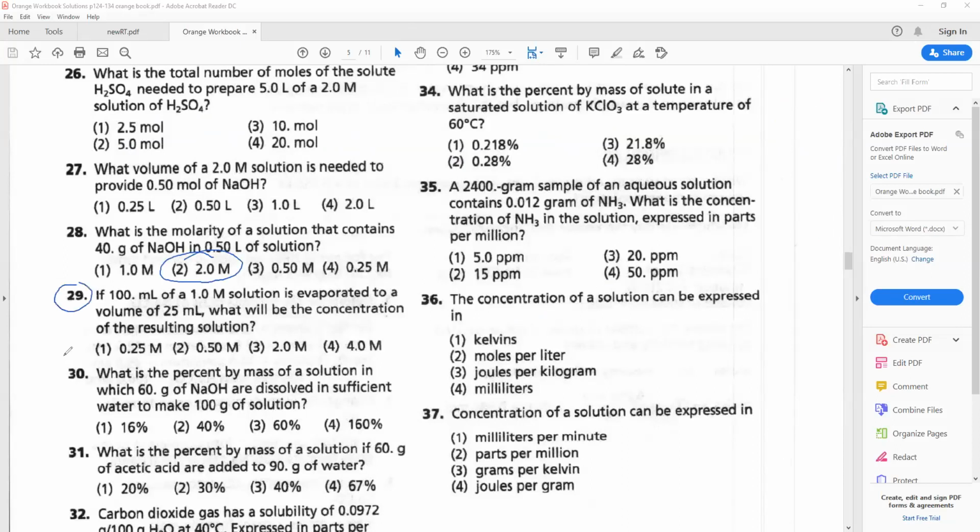Number 29. If 100 milliliters of 1 molar solution is evaporated to a volume of 25 milliliters, what will be the concentration of the resultant solution? Now, this is a slightly different problem. We're going to use a new formula that we haven't seen yet.